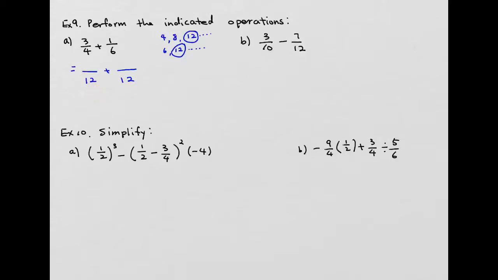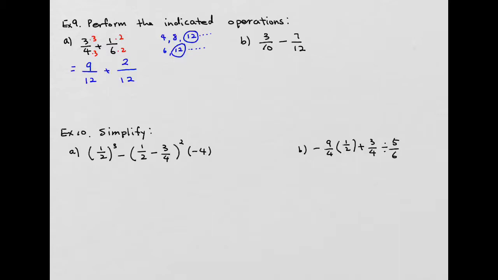You need to multiply by 3. That's the number you're going to multiply to the numerator, right? So when you multiply that, you get 9. Now, what number do you need to multiply 6 by to become 12? You need to multiply by 2. So you're going to multiply 2 on the numerator, which gives you 2.